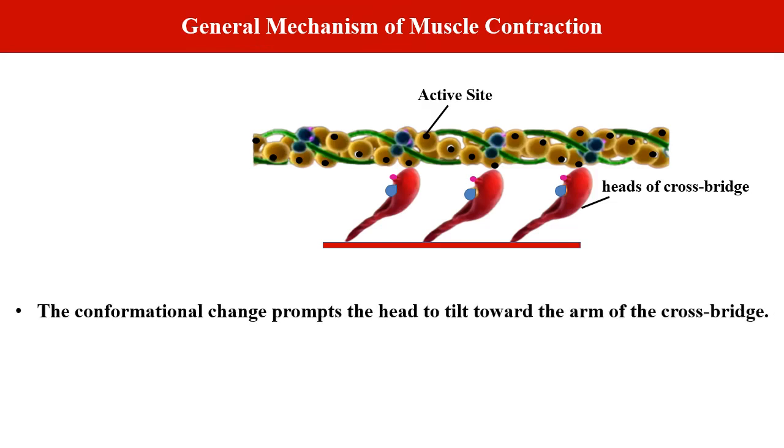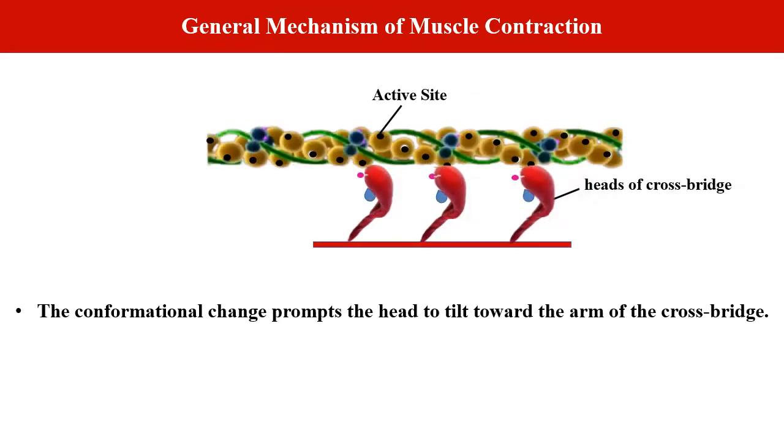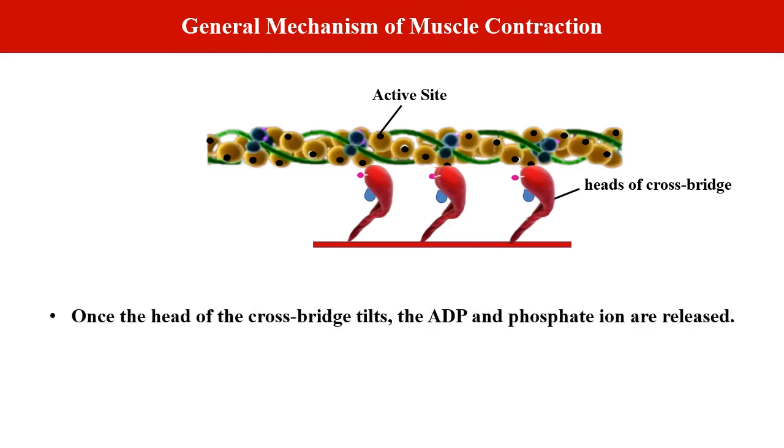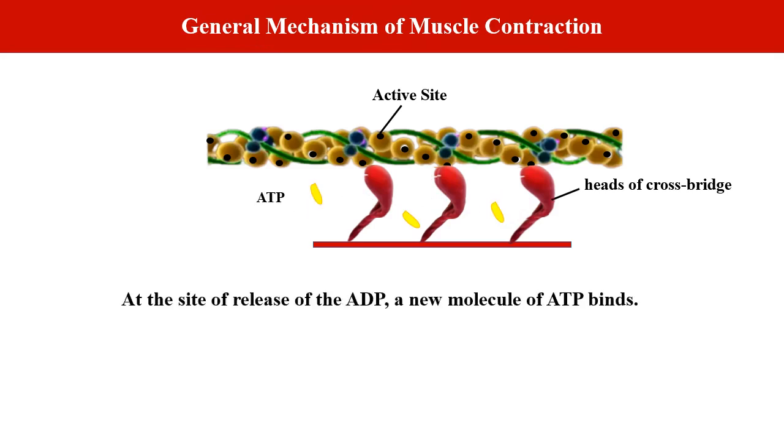The conformational change prompts the head to tilt toward the arm of the cross bridge. The tilt of the head is called the power stroke. Once the head of the cross bridge tilts, the ADP and phosphate ions are released. At the site of release of ADP, a new molecule of ATP binds.